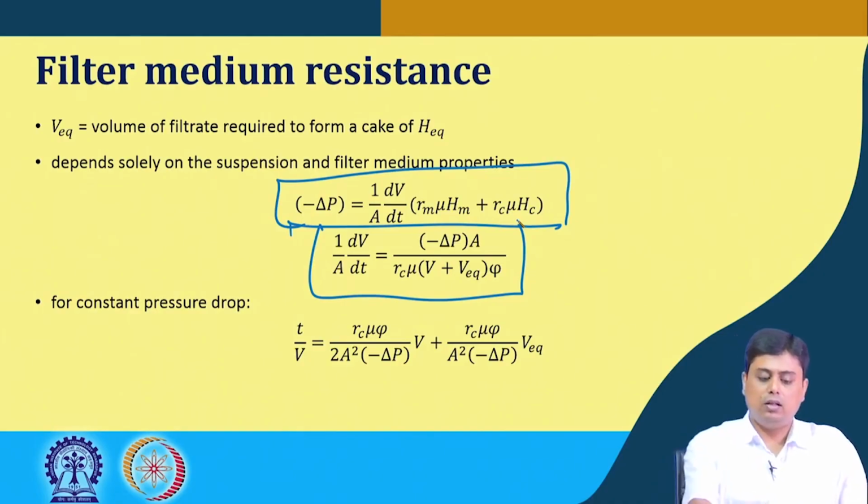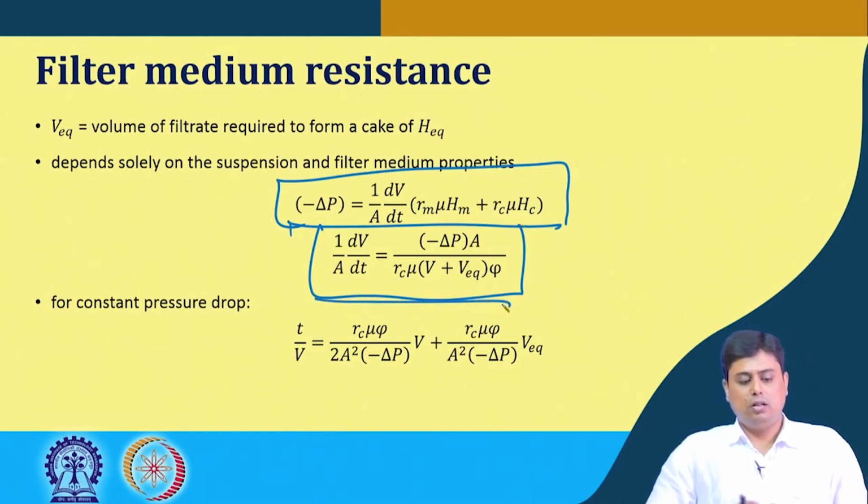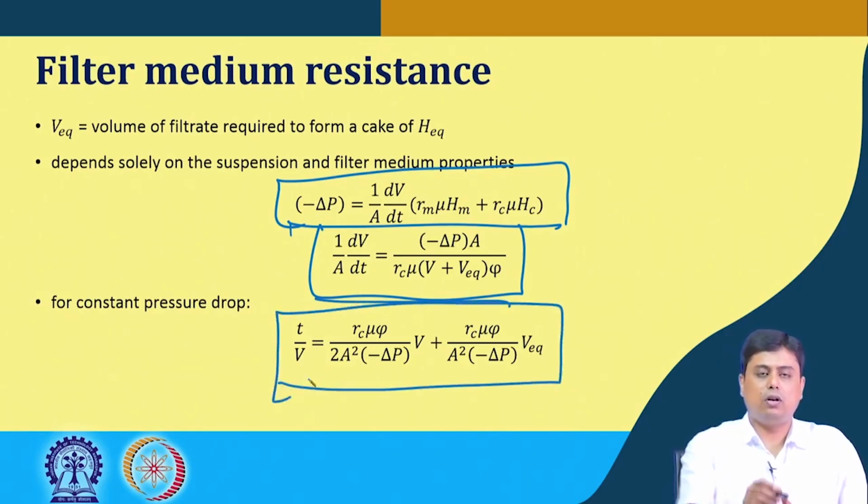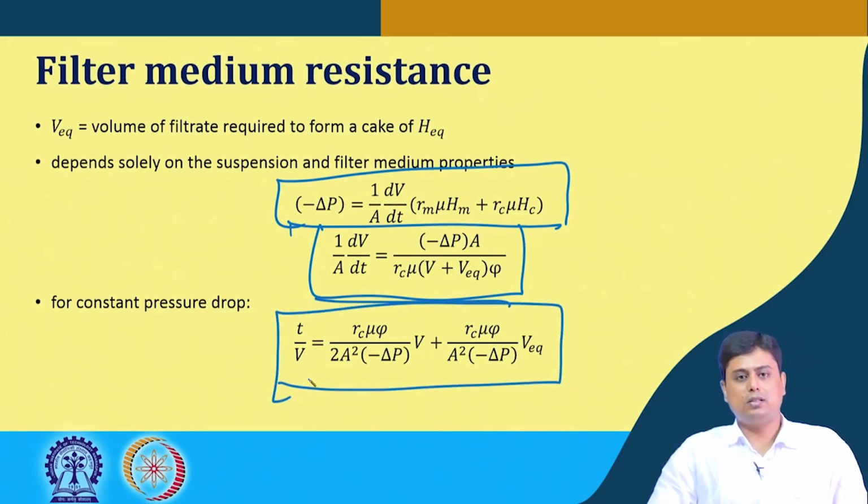So we have the filtration rate expression for a cake filtration process, specifically with constant pressure condition, having the overall resistance that includes the filter medium resistance and the cake resistance. If we integrate this expression for constant pressure, we have the expression for time versus volume of filtrate.